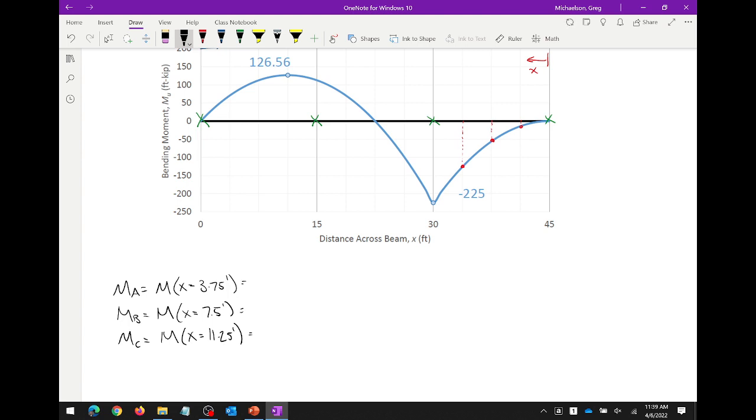Right? And what was this function again? It was M is negative x squared. So all we need is negative 3.75 squared, negative 7.5 squared, negative 11.25 squared. Oh, sorry, I need to go on the outside. So what do we get for these? And I'm going to draw them here on the diagram.